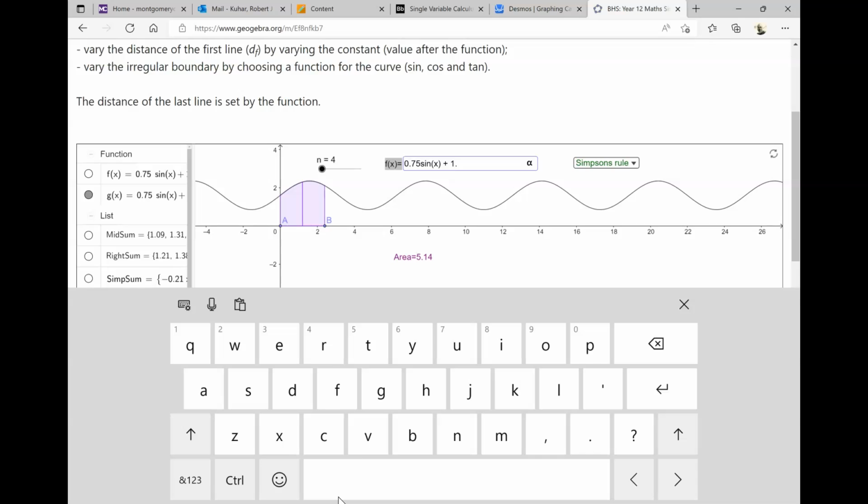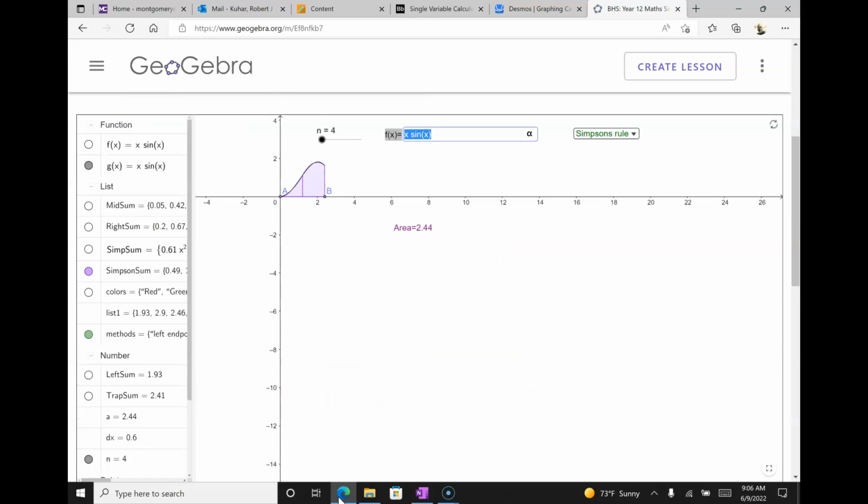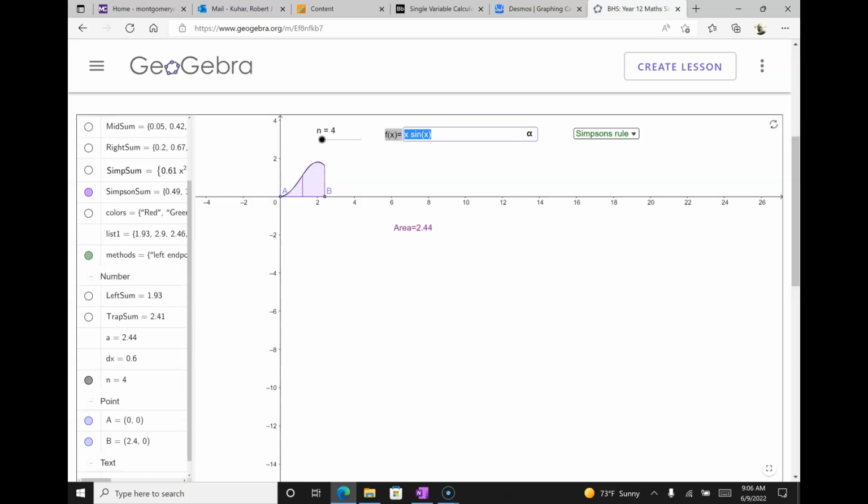Oh wow, this one might be working. X sine x, right? 4 rectangles already. All I got to do is fix my b value for pi, right?